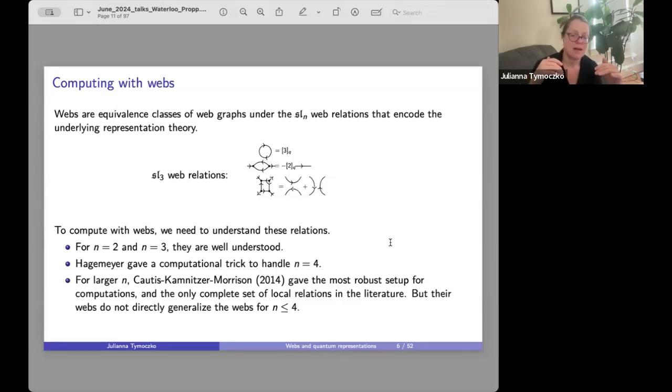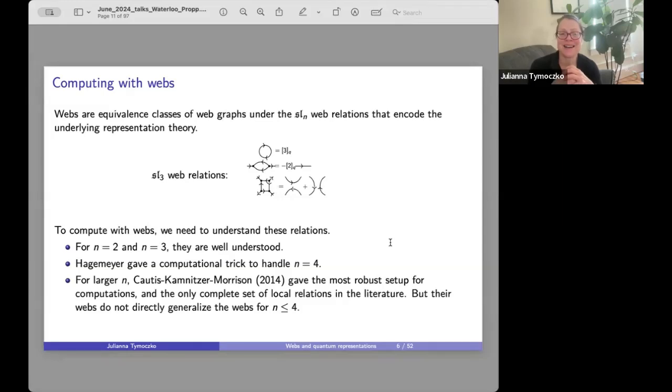I will probably complain a couple other times from a philosophical point of view. But one issue is that their webs don't directly generalize the webs for n less than or equal to 4. These SL3 web relations that I'm showing you are essentially reproduced from Kuperberg, who did a lot of early work on this.